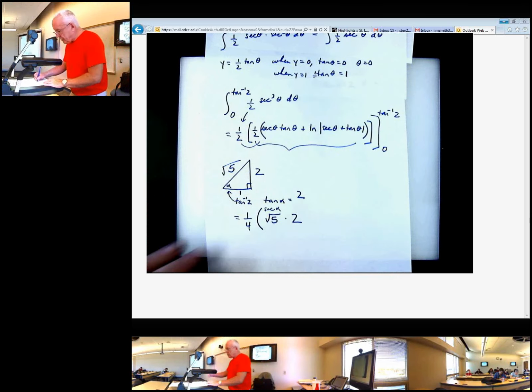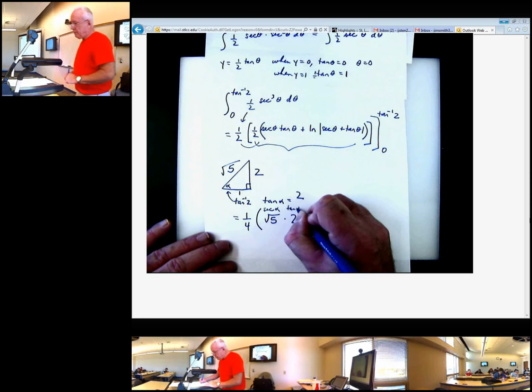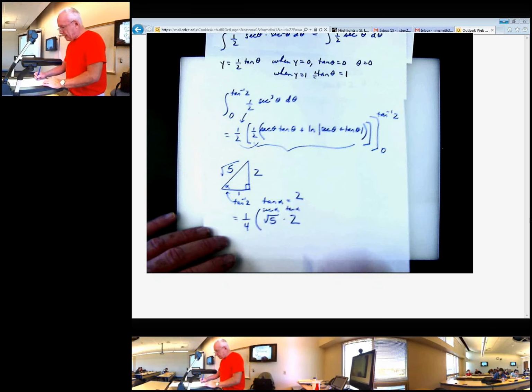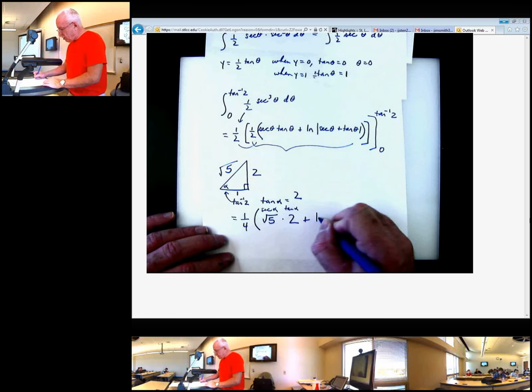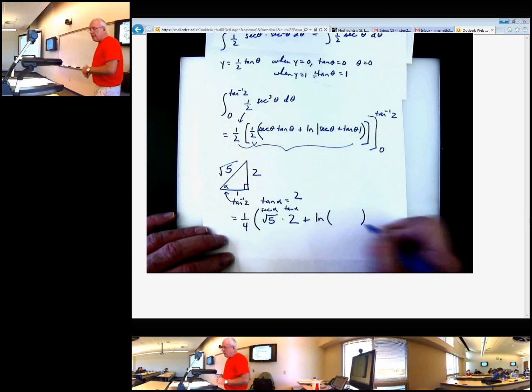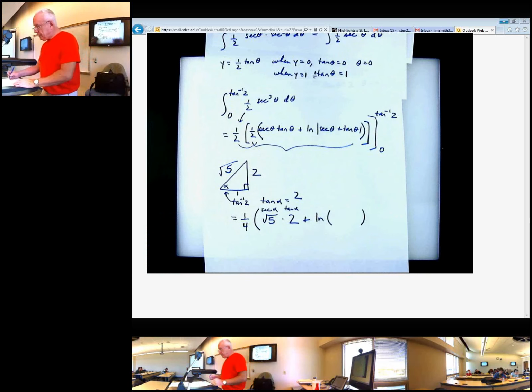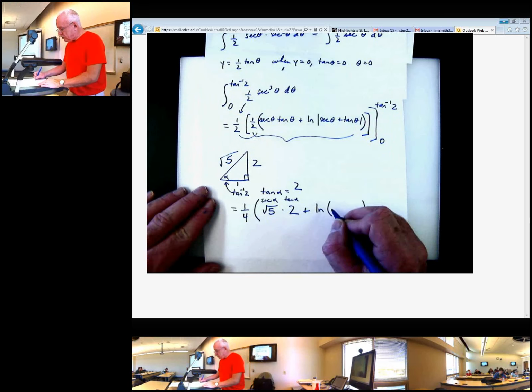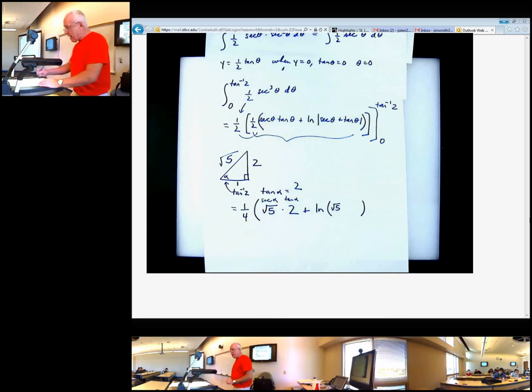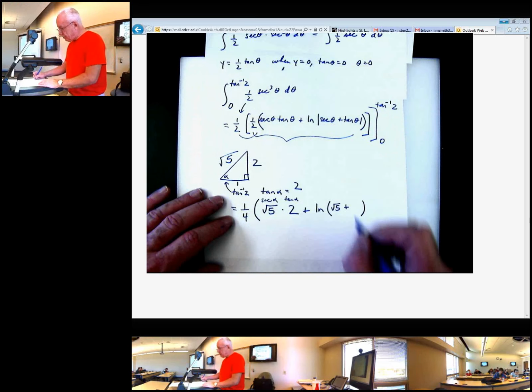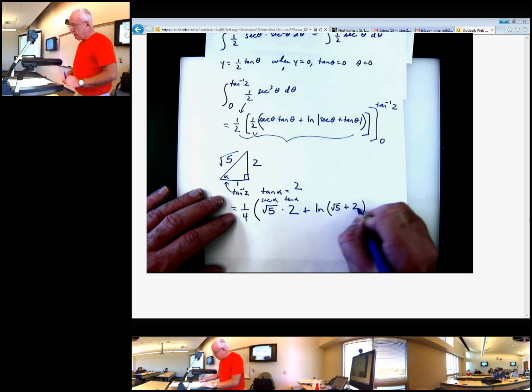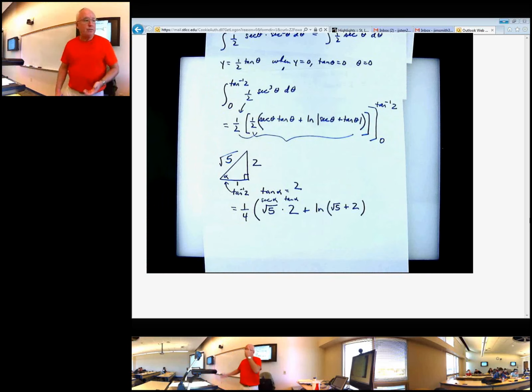So this is the tangent of alpha. And then I put a plus sign here, and then I do a natural log. I fill in the secant of this angle, which again is the square root of 5, plus the tangent, which is the number 2. And I don't have to use absolute values because those are both positive numbers.